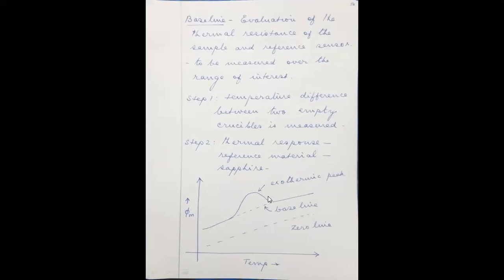The peak goes up and then comes down and then it settles in with the baseline. Suppose no substance is kept, you will be getting a straight line like this. Actually, we cannot say this is a straight line, but it is an approximate line like this. So when an exothermic process is taking place, you will have a peak going up and then coming down like this. So sapphire is the reference material which is used in the differential scanning calorimetry.